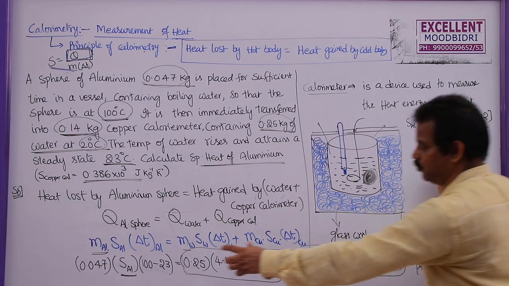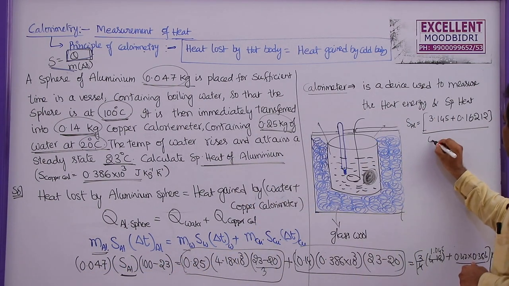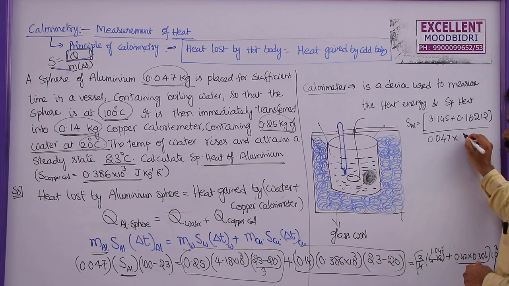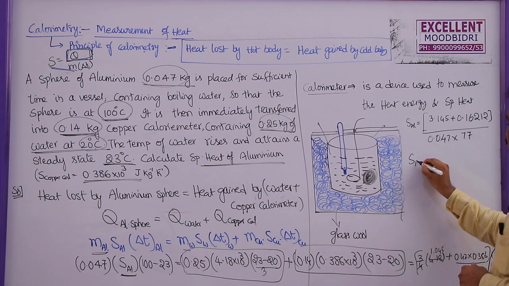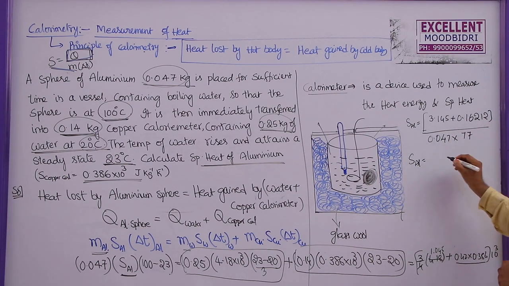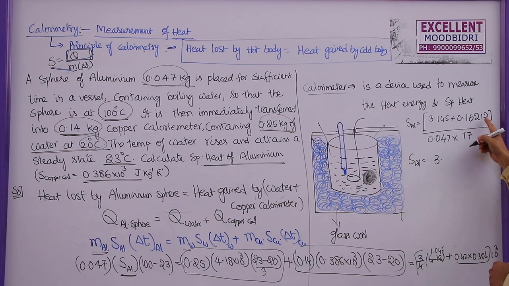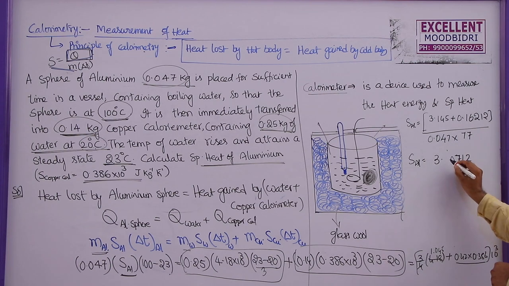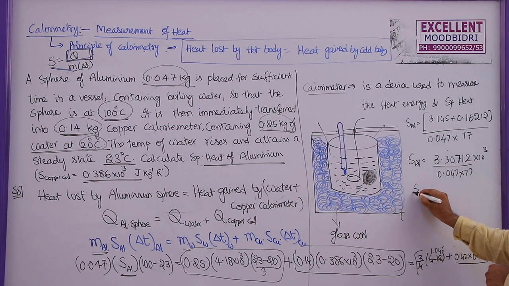Divided by, now you bring this and this to the denominator, 0.047 into 77. So specific heat of aluminum is, now you add these two, you will get 3.19, times 10 power 3, divided by 0.047 into 77.